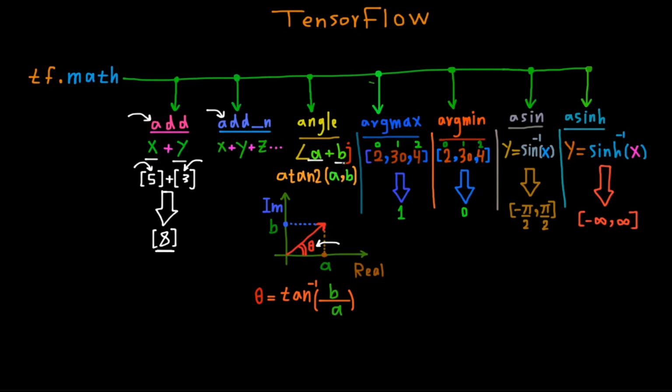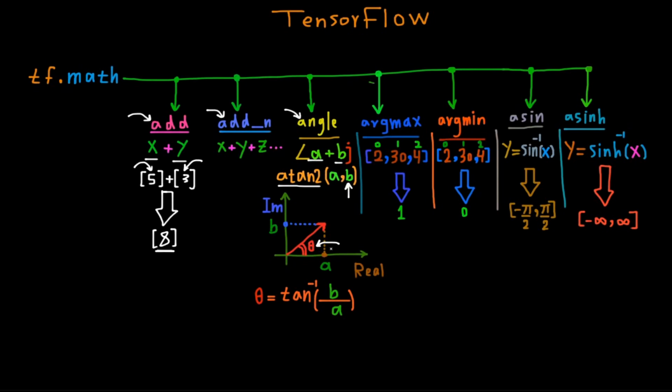Angle function will use inverse tan 2 function to compute the argument or theta. If input is real, so b equals 0, that means there is no imaginary part and theta equals 0.